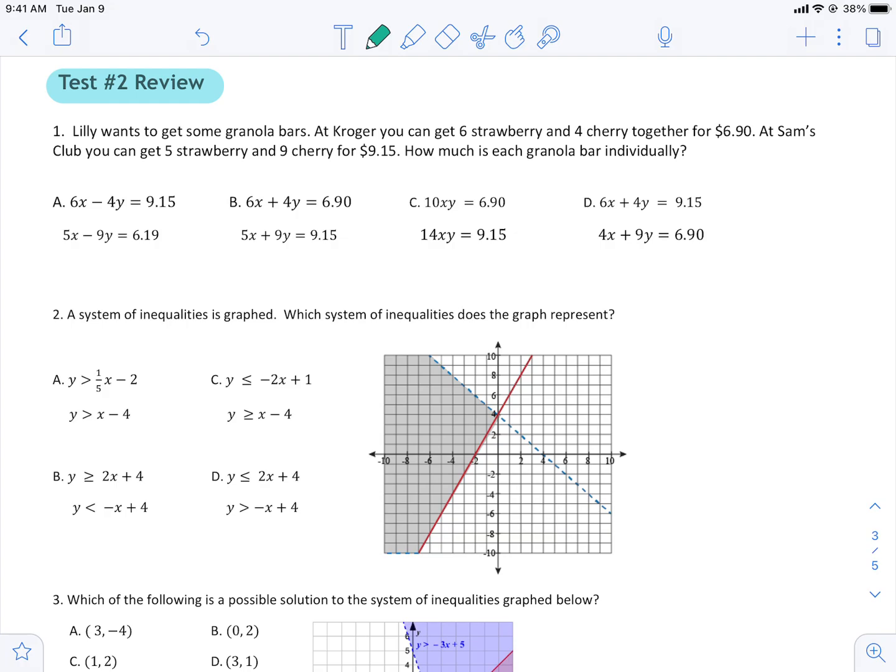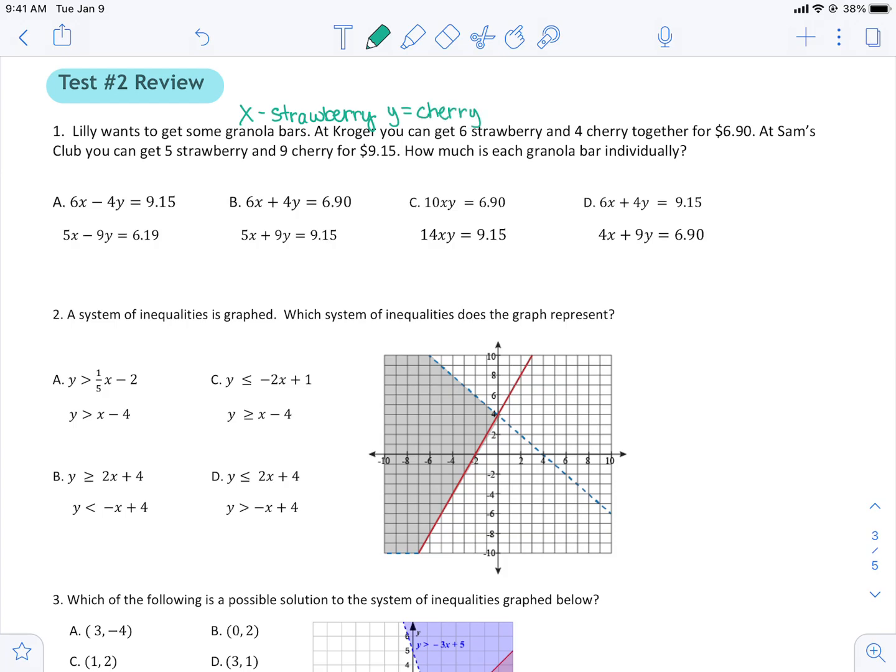Well, first thing we need to do is label our variables. So we're going to let X be our strawberry, and Y be our cherry.